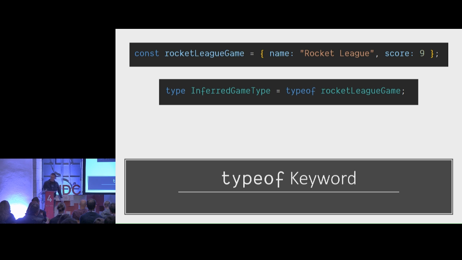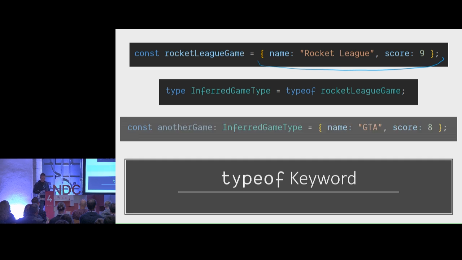So TypeScript will go ahead and introspect this object and know that it's going to have a name of type string and a number. And then we can use that type to make sure that any following objects are recognized as the same, right?